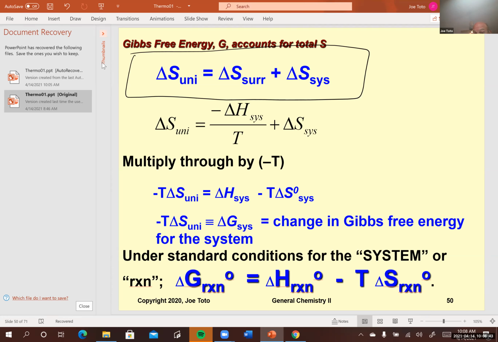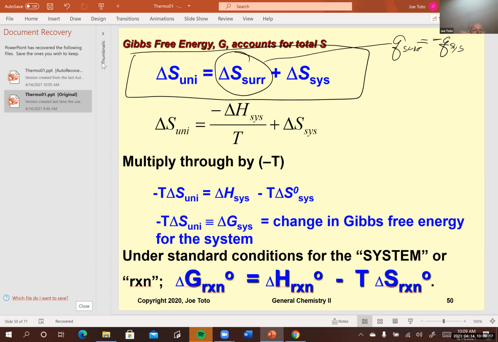We can get rid of that delta S surroundings term like we did before by equating the heat in and heat out. So Q surroundings equals minus Q system. We can use that to get rid of the surroundings term and focus in on the system and what it does as far as heat in or out of the surroundings.